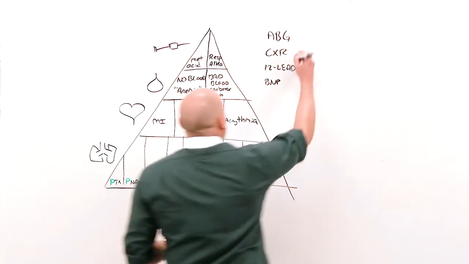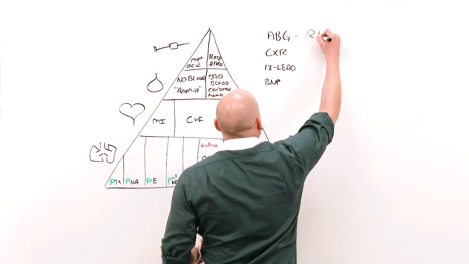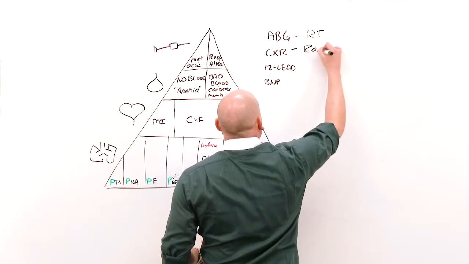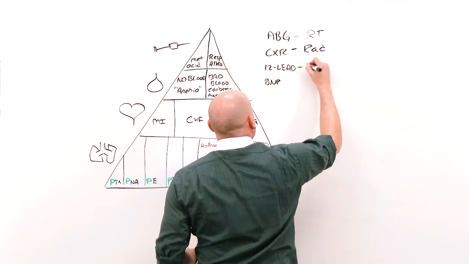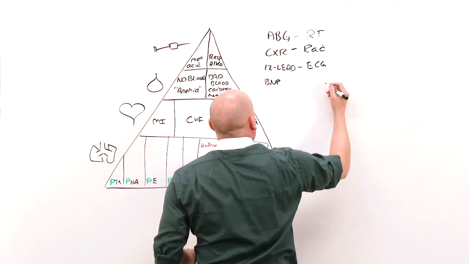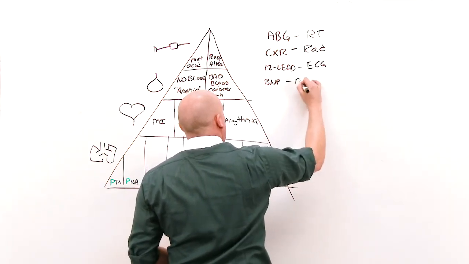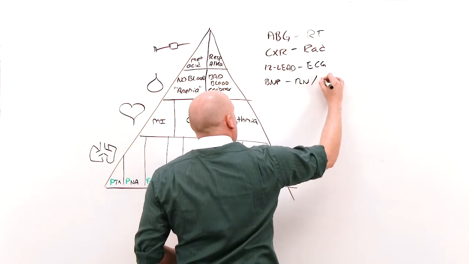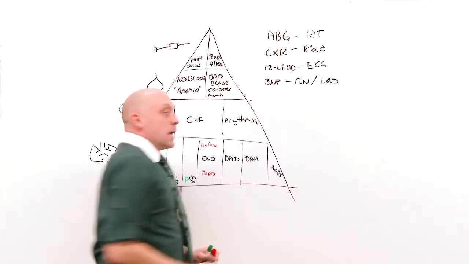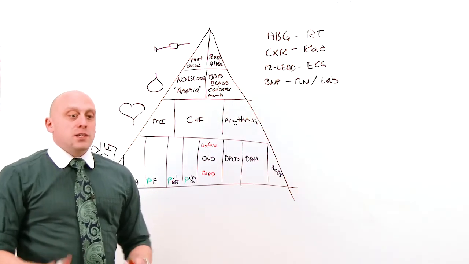Arterial blood gas is drawn by respiratory therapy. The chest x-ray is taken by a radiology tech. The 12 lead is done by an EKG tech, and the BNP is drawn either by the nurse or the lab. Lots of people need to be informed to get things moving.